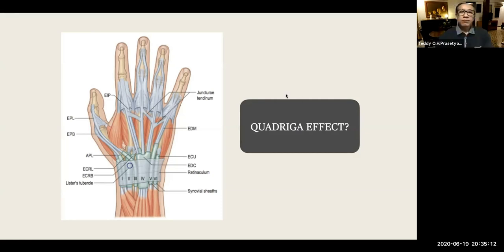The reason is the existence of the juncturae tendinum. The juncturae tendinum involves the other digits along with the one suffering digit because it does not move, and it also brings the others into limitation of movement, because logically and naturally a patient with pain would limit the painful area from moving.